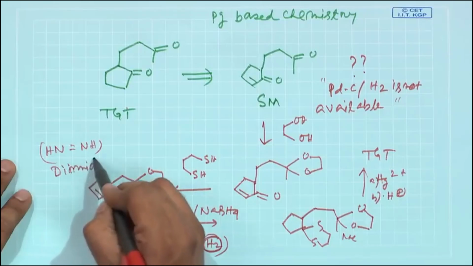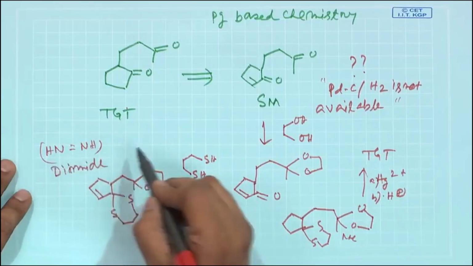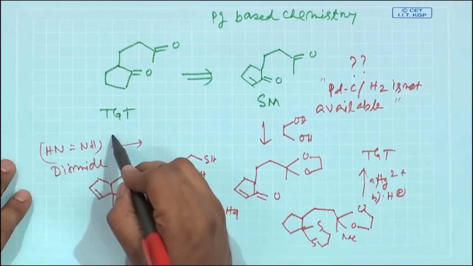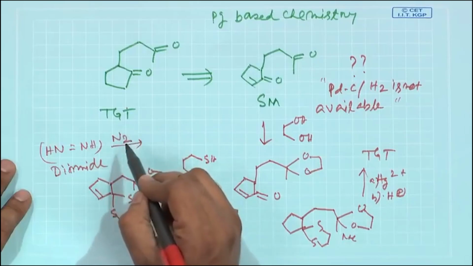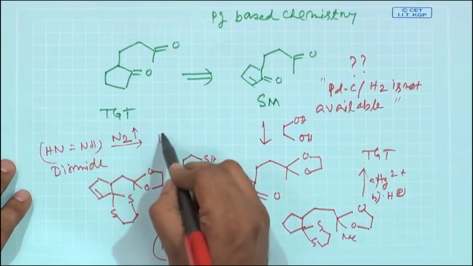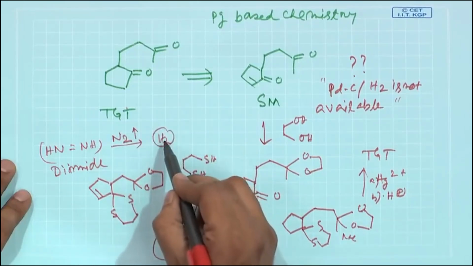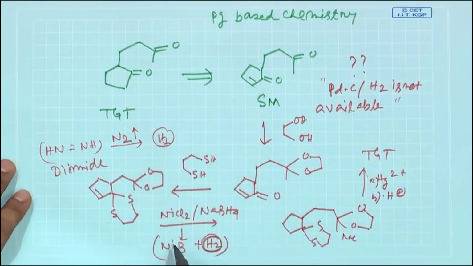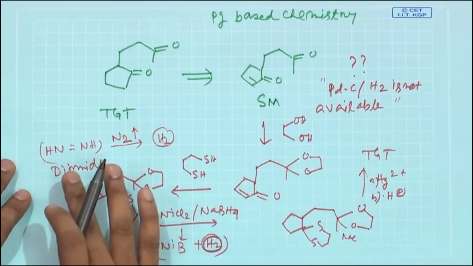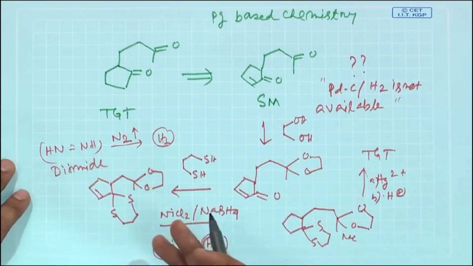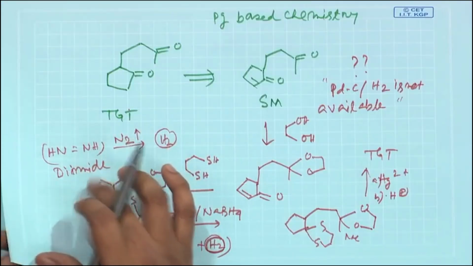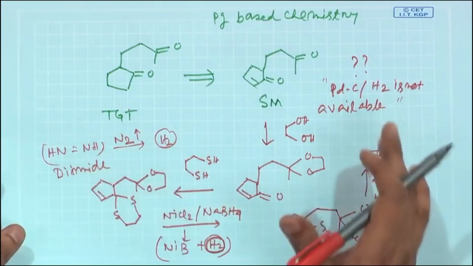Diimide, which is this compound, under the reaction conditions gives you nitrogen as a gas, and the hydrogen causes the hydrogenation reaction. Diimide is not commercially available, but you can easily make it in the lab. You take hydrazine hydrate and treat it with some particular reagents, and you can generate the diimide. Those are the alternative reagents if you do not have palladium charcoal and hydrogen.